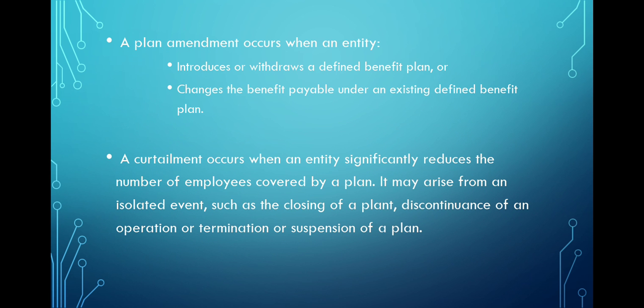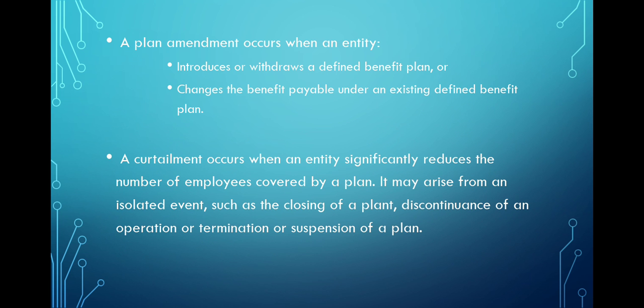A plan amendment occurs when an entity introduces or withdraws a defined benefit plan or changes the benefit payable under an existing defined benefit plan. A curtailment occurs when an entity significantly reduces the number of employees covered by a plan.